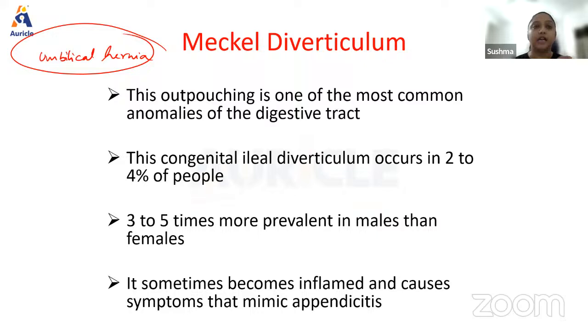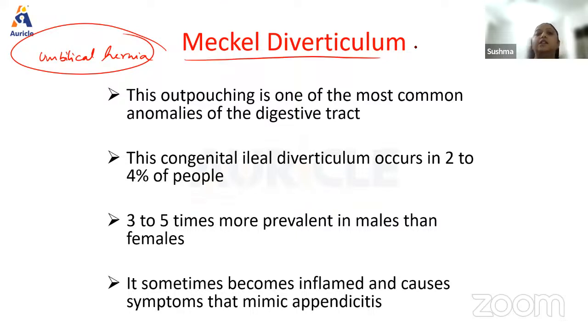You don't need to intervene unless there is a torsion or infection and so on. You will have to comment upon the state of the umbilicus, whether it has any content protruding out or not.